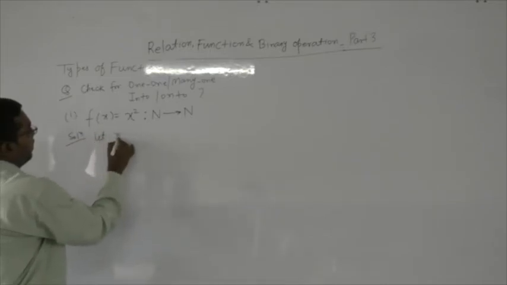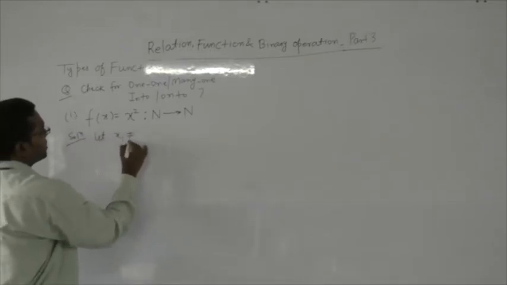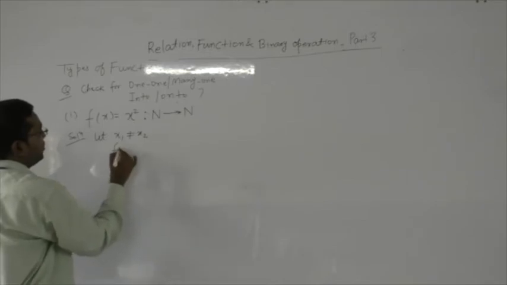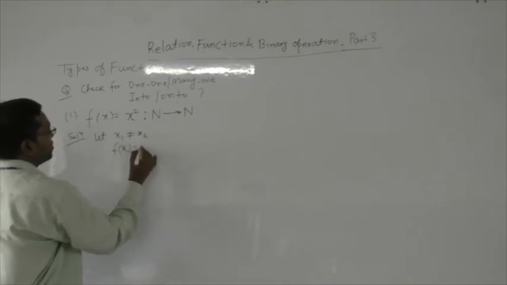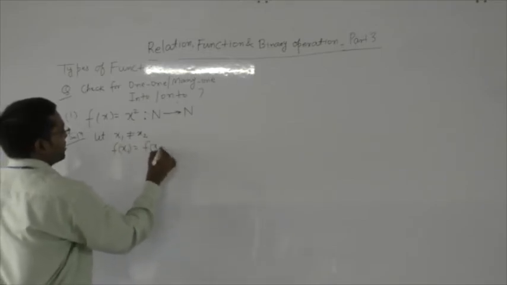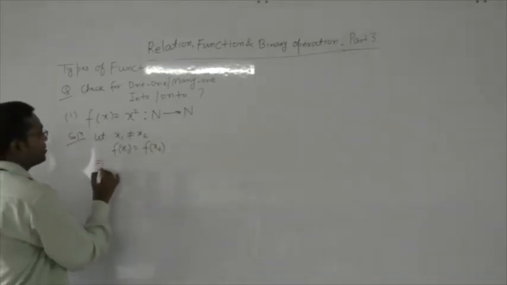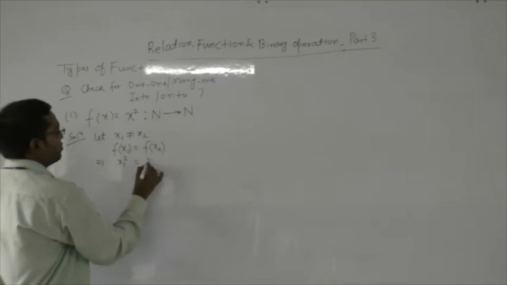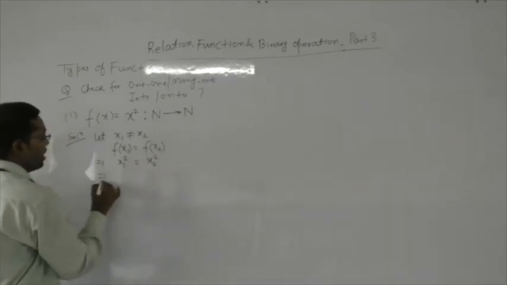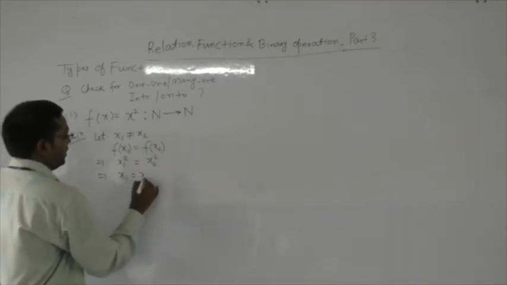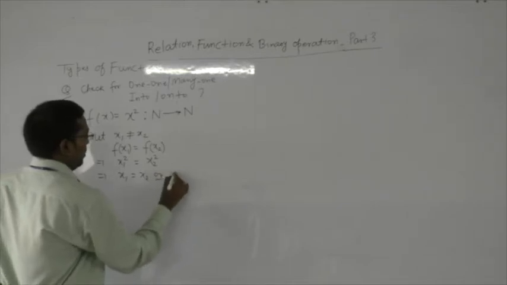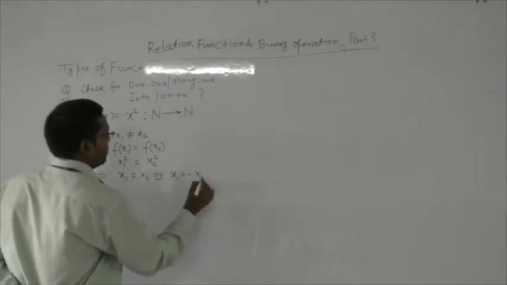Let x1, for x1 not equal to x2, we are getting f of x1 equals f of x2. Now put the values, we will get x1 squared equals x2 squared. So x1 will be either x2 or minus x2.